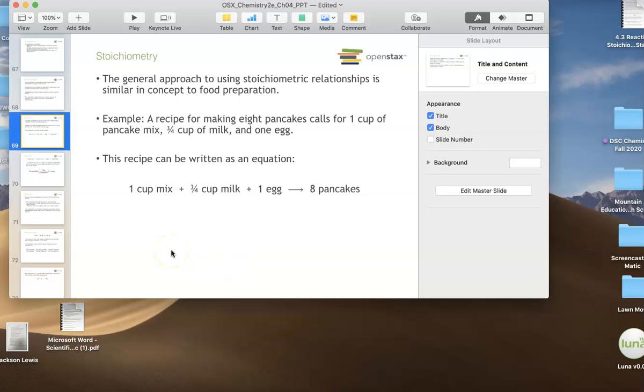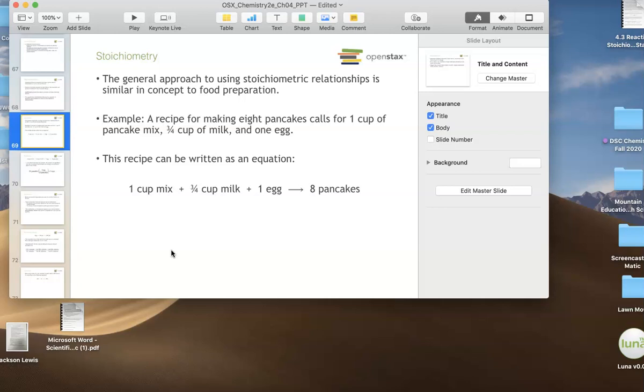So, thinking about our general knowledge of stoichiometry, we can analyze it based off information we already know. For example, most of us have probably made a cake before, or made pancakes from scratch.